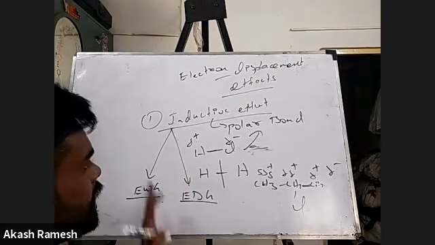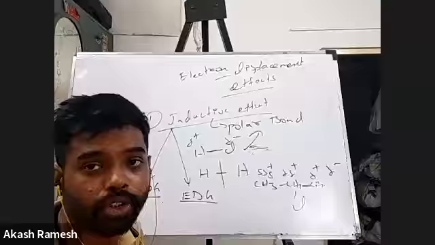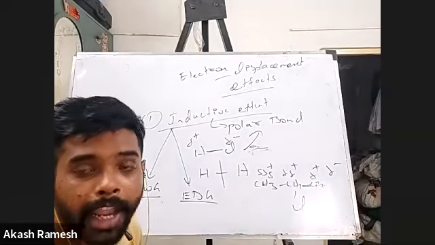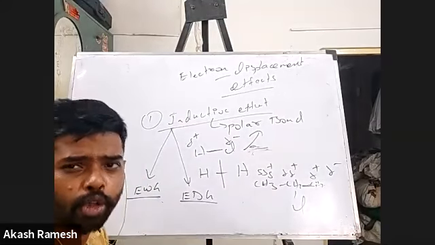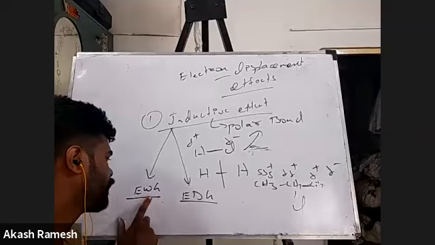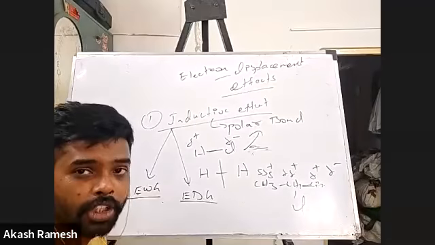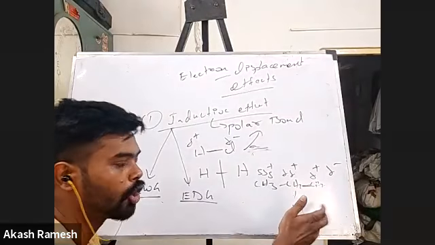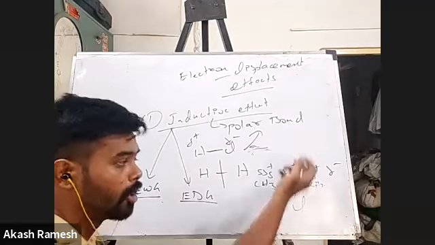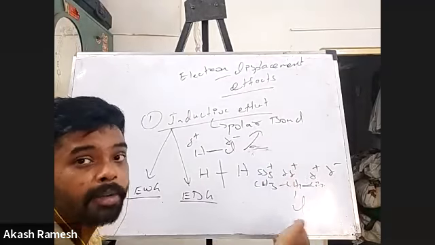I told you the inductive effect can be produced by 2 kinds of groups. The first kind are electron withdrawing groups. What you saw here, chlorine is actually withdrawing electrons from carbon.